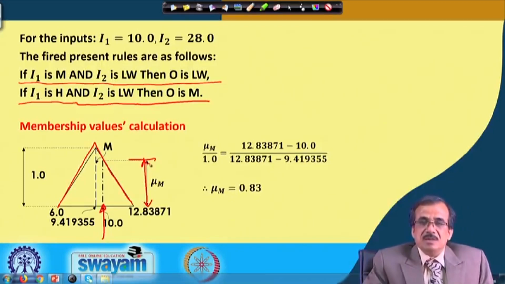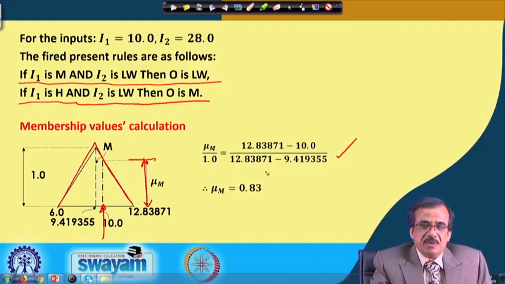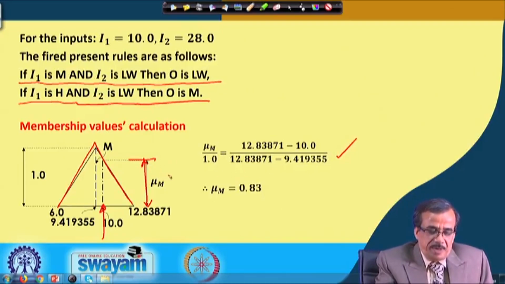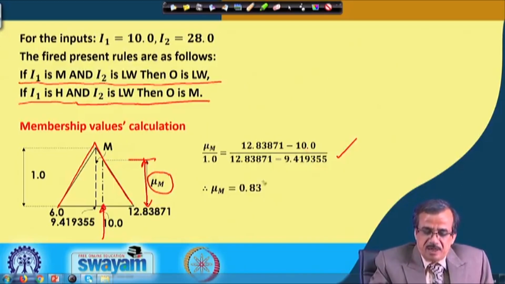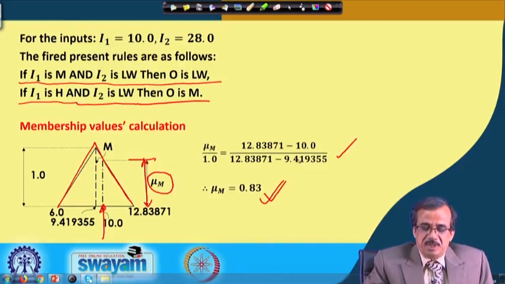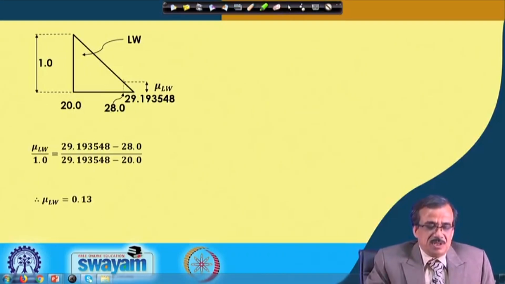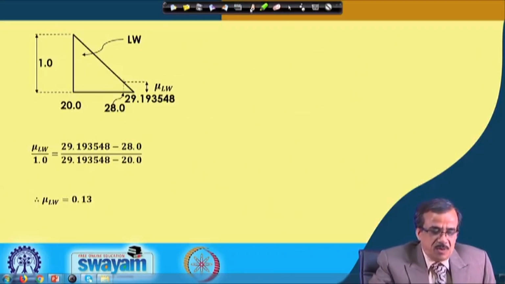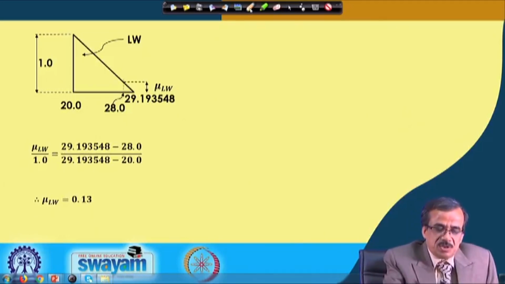I have already discussed that using the principle of similar triangles, we can easily find the membership function value for medium, and if you calculate, you get mu medium equal to 0.83. Following the same principle, we find the mu value for I2 equals 28.